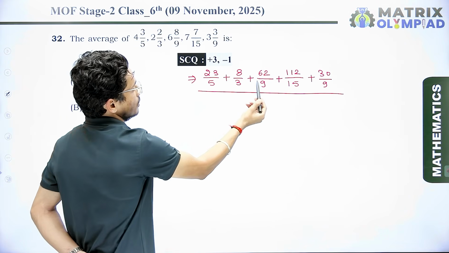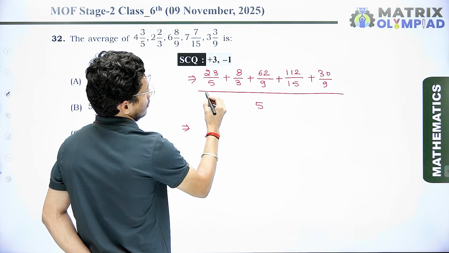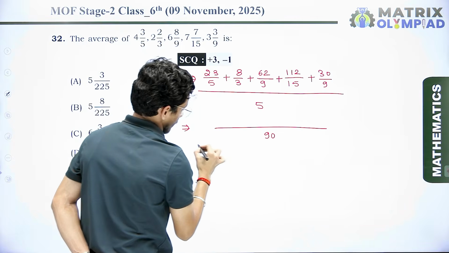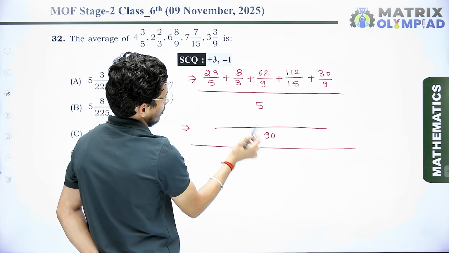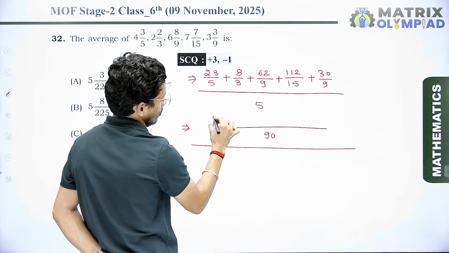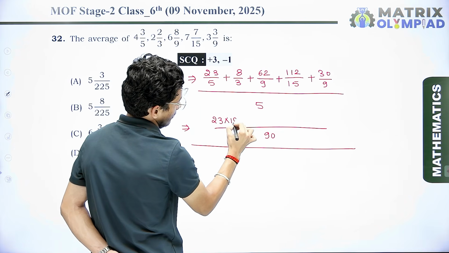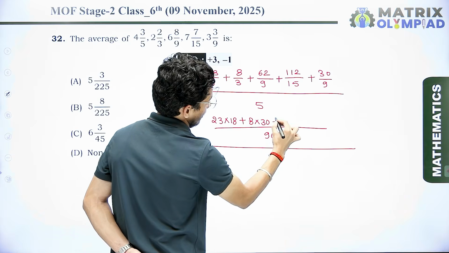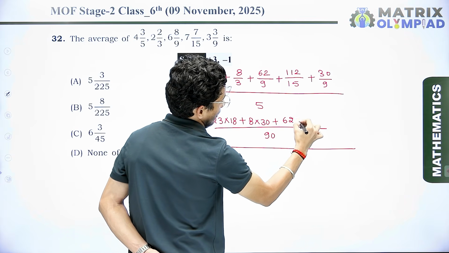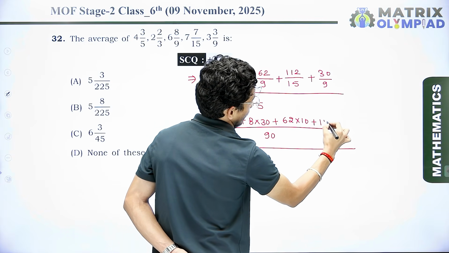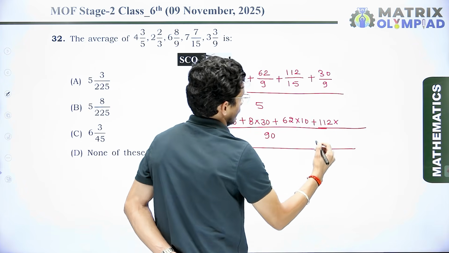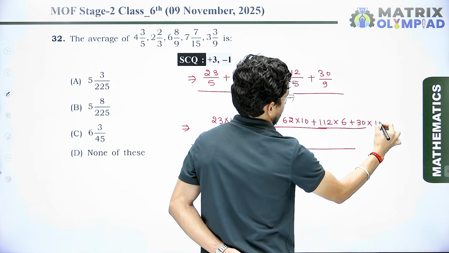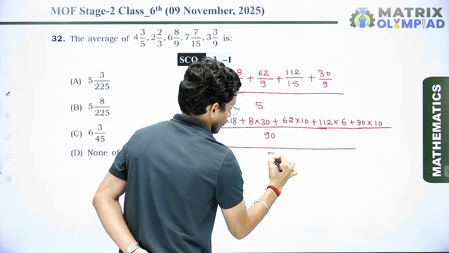So here we have 1, 2, 3, 4, 5. So now here we take the LCM, which is 90. When divided by 5, here we get 18. So 23 multiplied by 18 plus, here we know 8 multiplied by 30 plus, here we take 62 multiplied by 10 plus 112 multiplied by 6 and plus 30 multiplied by 10, and divided by again 5.